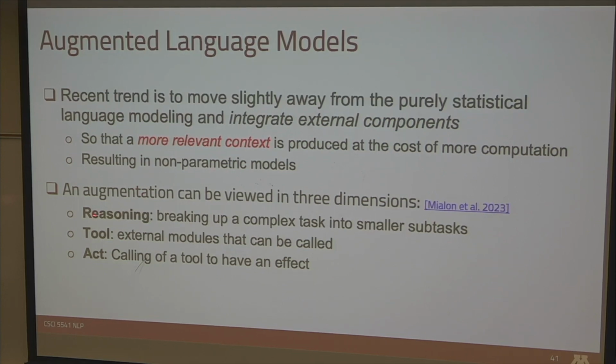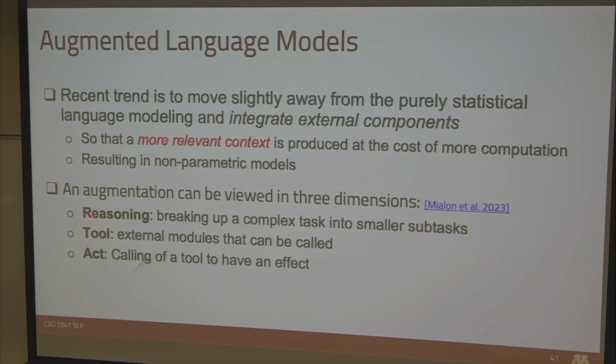which is good. And you can think of this augmentation in terms of 3 dimensions: augmentations to improve reasoning capabilities, augmentations to use external tools, and the augmentation in terms of the act of calling the tool that will have an effect.